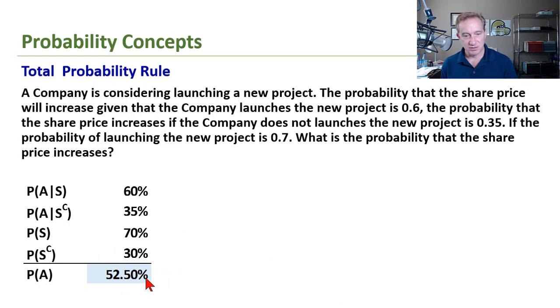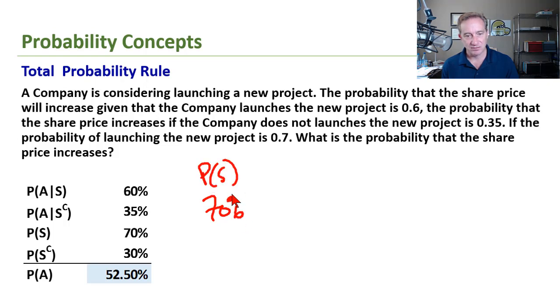And the answer of 52.5% just applies our total probability rule. We need to just account for the total probability space here. We could start here with the probability that the company launches a new project, 70%.